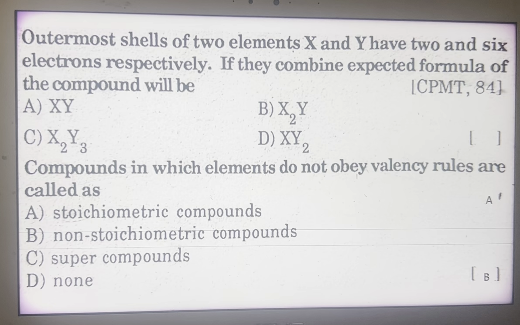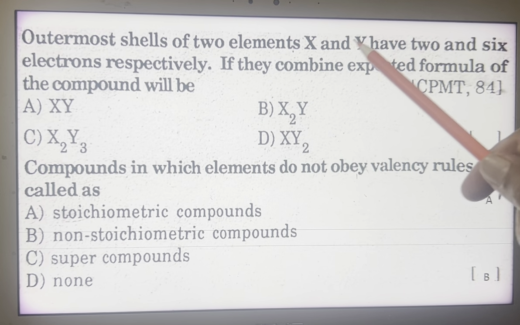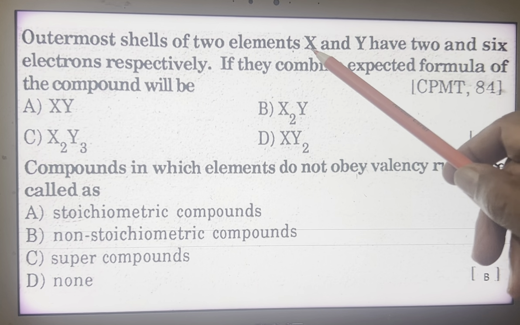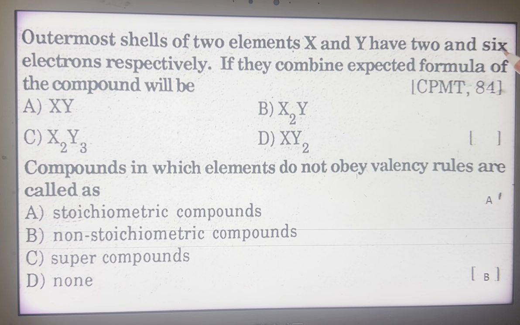You see, the outermost shells of two elements X and Y have 2 and 6 electrons. X has 2 electrons in the outer shell. It is less than 4, so 2 is the valence of X. Y has 6, which is more than 4, so 6 minus 8 is minus 2. You leave the minus, so Y also has valency 2.